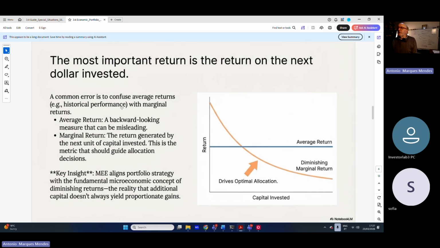In terms of optimization technique, we use exactly the same optimization technique as the MPT. MPT uses the mean reversion model, which is based on linear programming. We also use linear programming to solve our equations. So we use the same optimization technique, and there's no difference there between MPT and MEE.